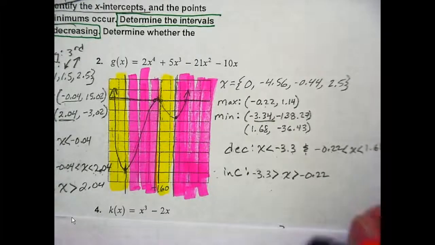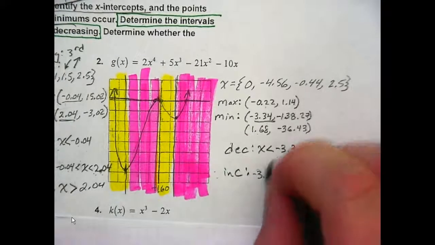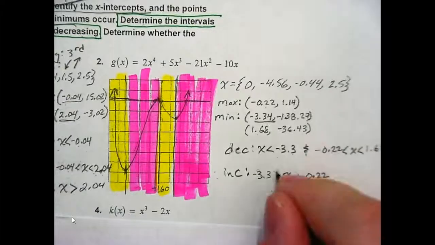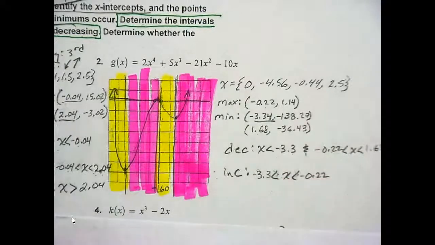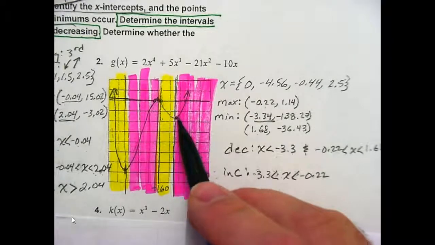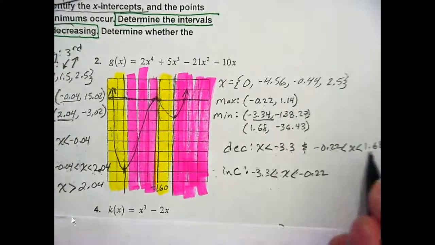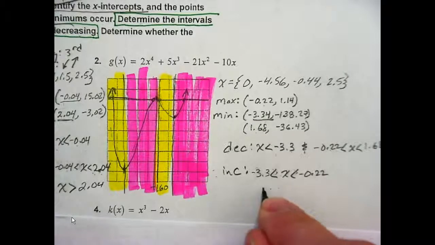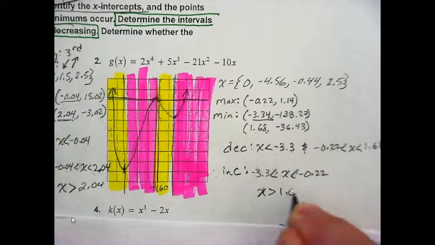Good? Yes, signs are flipped. Good job. All right. Good? All right. And then from here, we're good until we get to here, and then we start increasing again. So at 1.68, when x is bigger than 1.68, we start increasing.